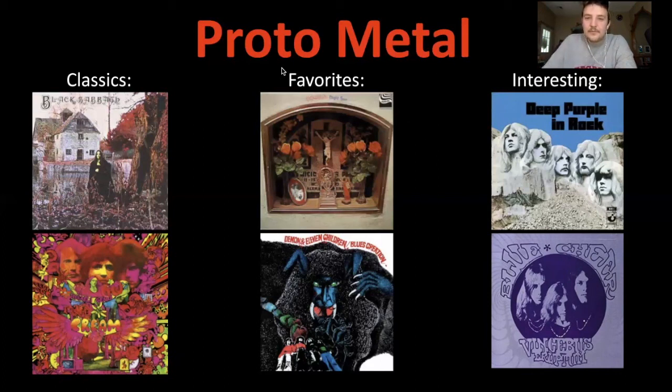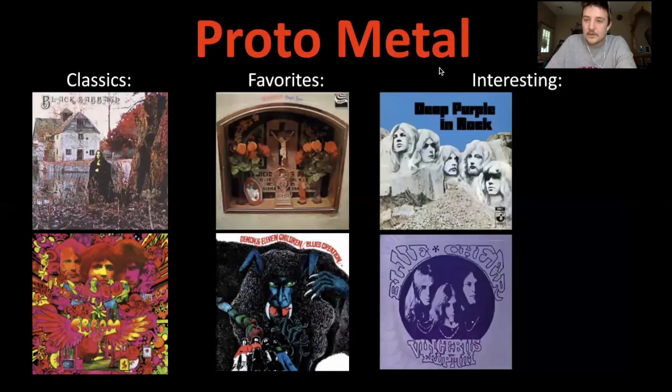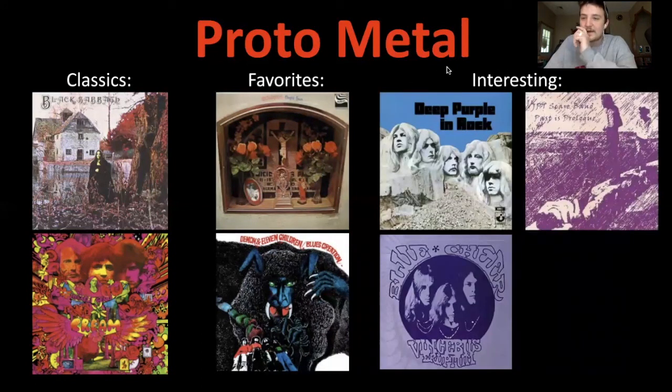Now for proto metal, normally I would just do the six for most genres, but since we're talking about a bunch of early stuff, I thought it would be appropriate to include some more. So we're going to talk about this band, Josefus? No: JPT Scare Band, Past Is Prologue, which happens to be my favorite album of theirs. This is very interesting. They're a band that was around since the early 70s, but they never released an album until the 90s.